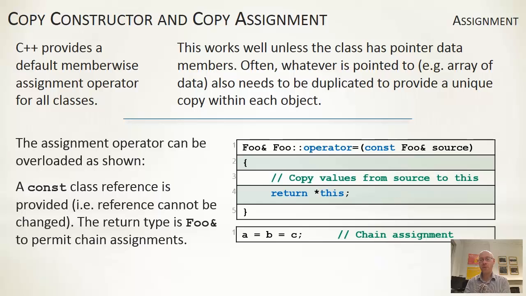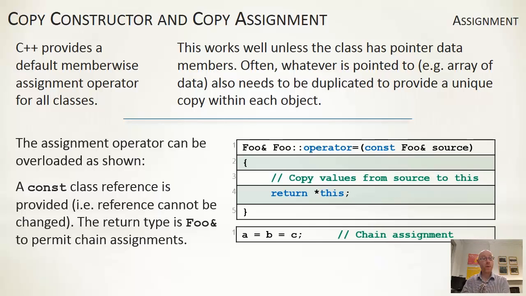So if we want it to perform, for example, a deep copy assignment, so we're going to not only copy the pointers, but we're going to say, let me create a new array of data and copy the content across and give you your own pointer to that, so that you get a clean copy. We need to provide our own implementation of the copy assignment constructor. The default one won't cut it in that case.